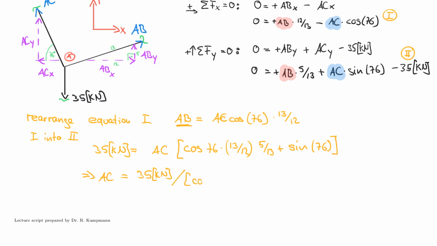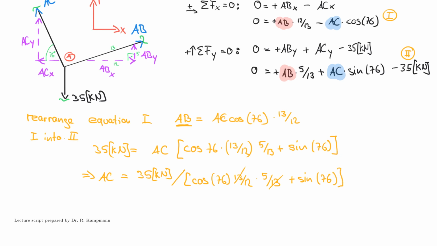So that would be cosine 76 times 13 over 12 times 5/13, and of course the 13 actually cancels out, right? So we can cross those out, plus sine 76.